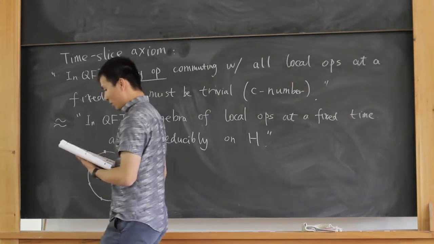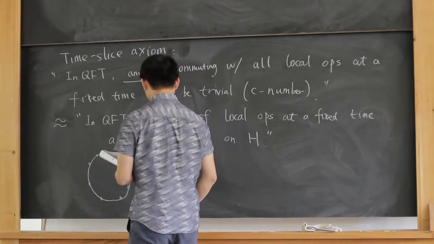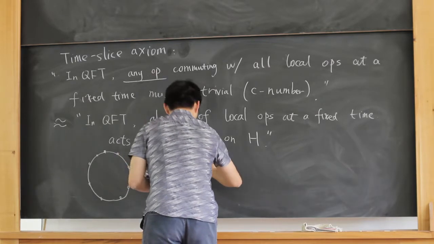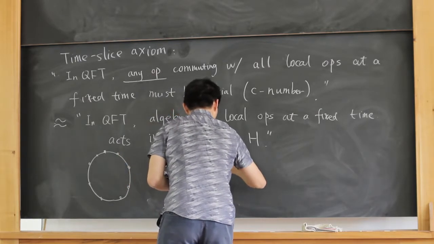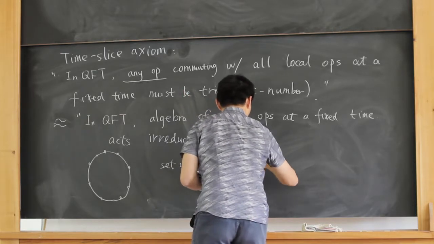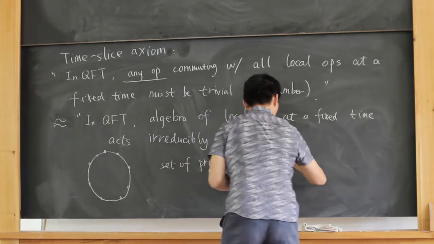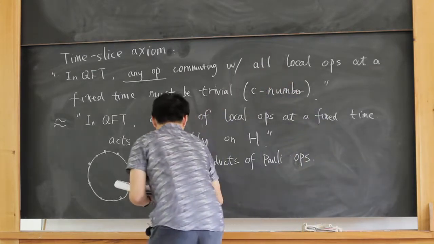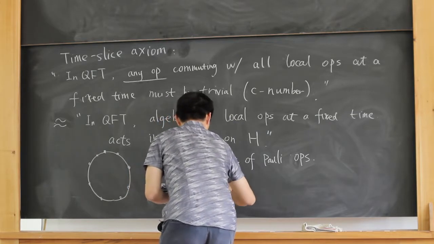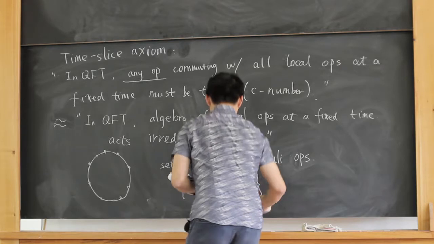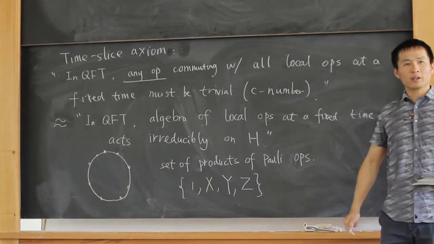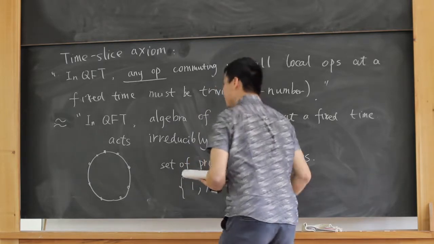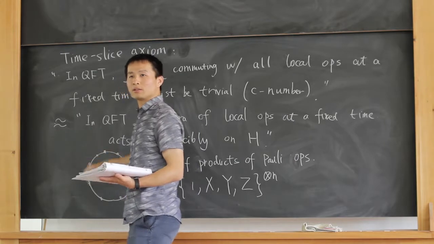Once we have a chain of spins, we can consider the set of Pauli operators. In fact, the thing we'll consider is sets of products of Pauli operators. The set is three Pauli operators on each spin together with the identity operator, and we simply tensor it n times, assuming that we have n spins.